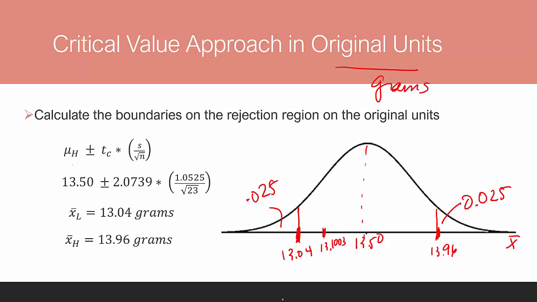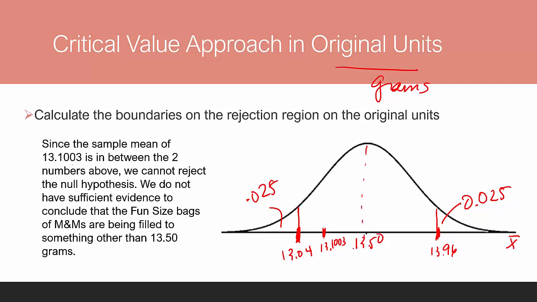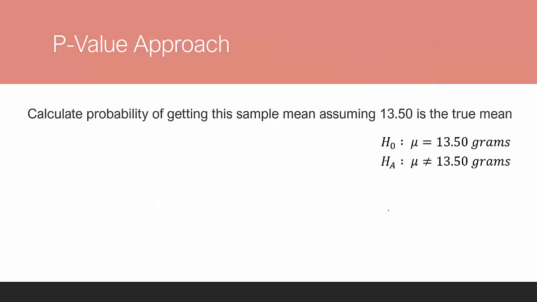We are inside that range. We cannot reject the null hypothesis. Since the sample mean of 13.1003 is in between these two numbers, we cannot reject the null hypothesis. We do not have sufficient evidence to conclude that the fun-sized bags of M&Ms are being filled to something other than 13.5 grams.